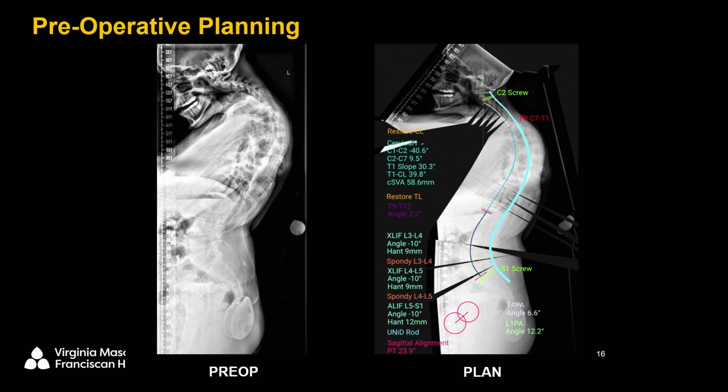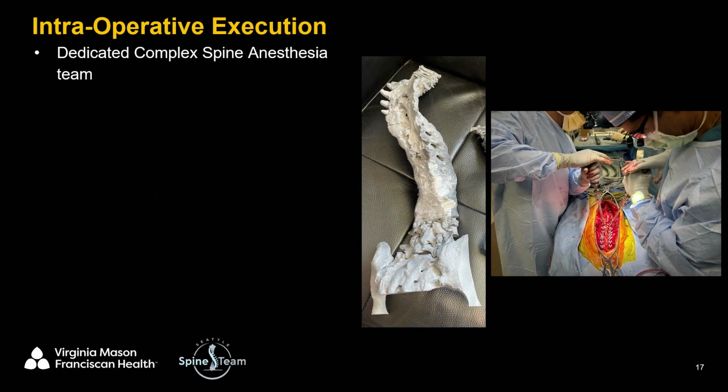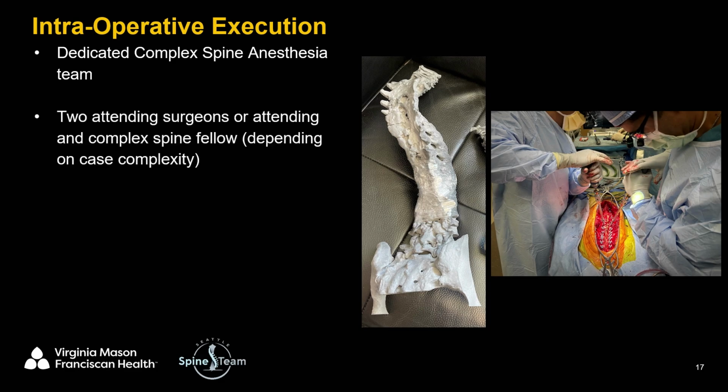We do a lot of preoperative planning. And in addition to the preoperative planning process, the intraoperative execution ultimately has to be superb. And so again, we talked about the dedicated complex spine anesthesia team. For these sorts of the most complex cases, we use either 2 attending surgeons or an attending and an experienced complex spine fellow. That way we can get through the operation safely and efficiently.